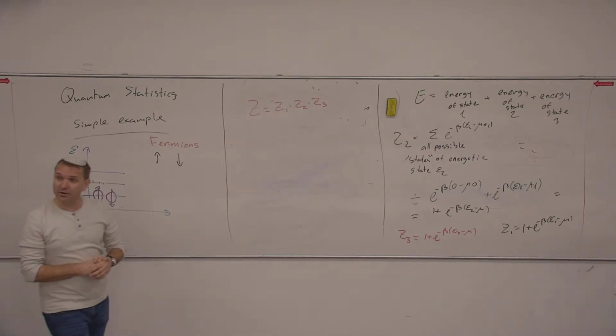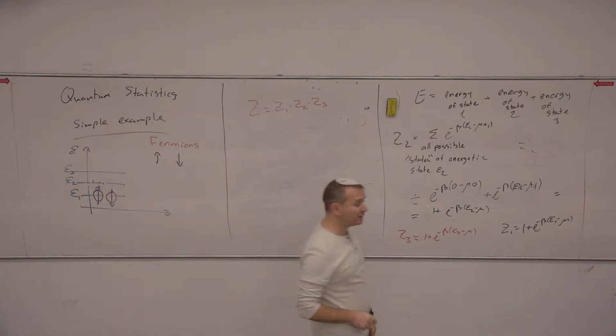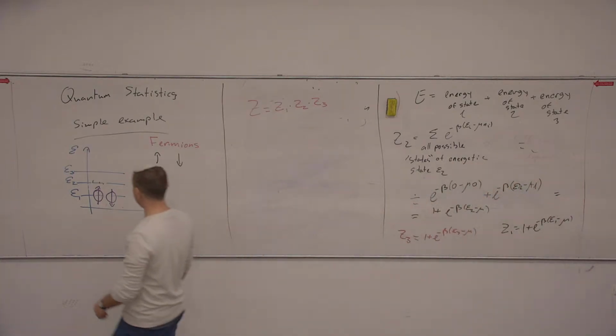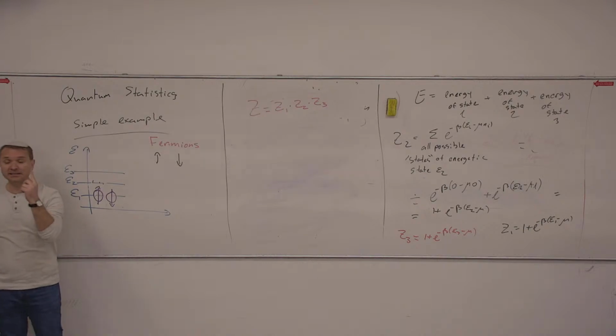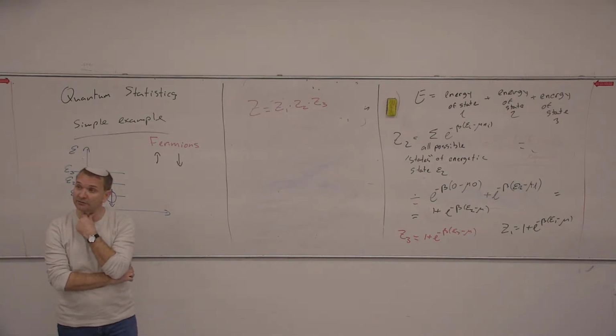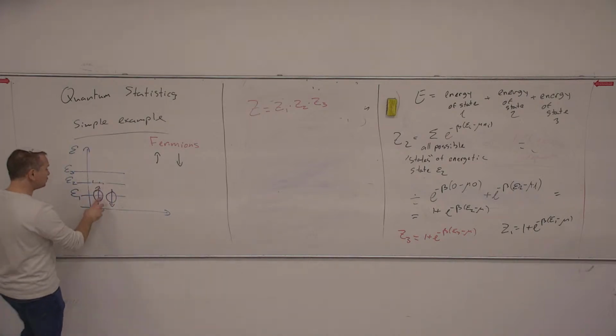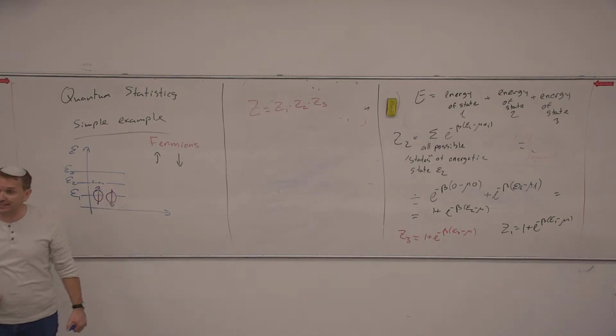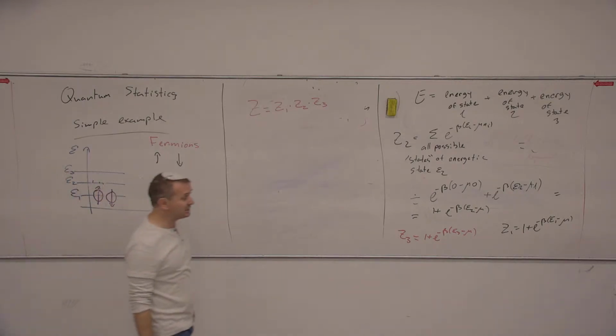Because I'm not looking at the particles, I'm looking at the states, right? I define a state of the system using all the quantum information that I have. So I'm not looking at the system as if I have epsilon 1 and I can put two particles on this epsilon 1. No, no, no. The state is defined as a specific energetic state of the system.